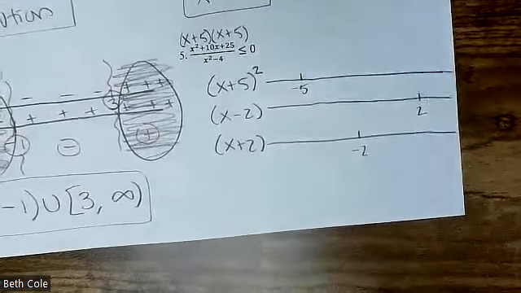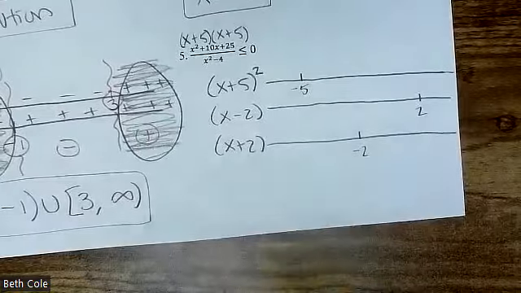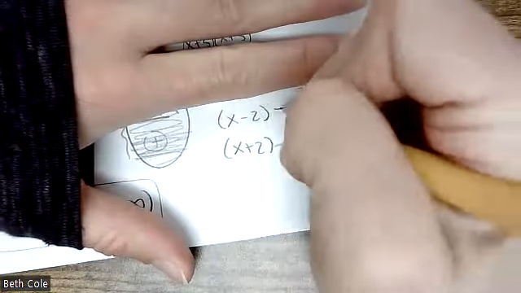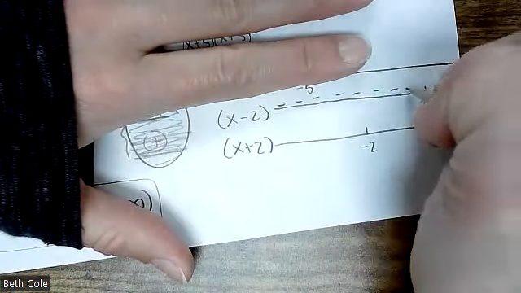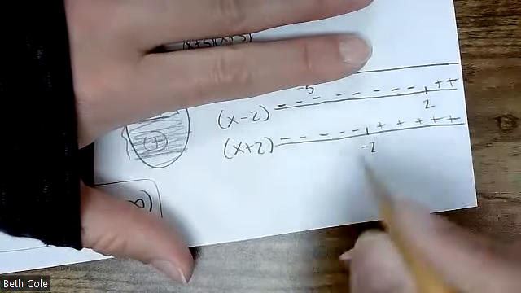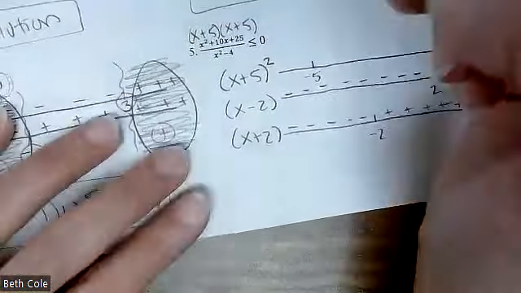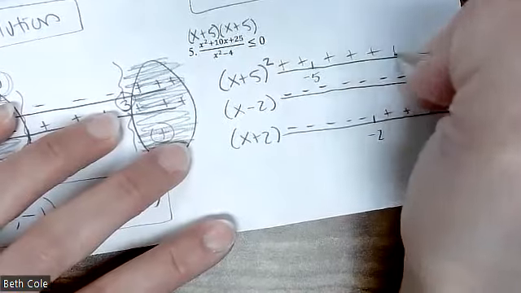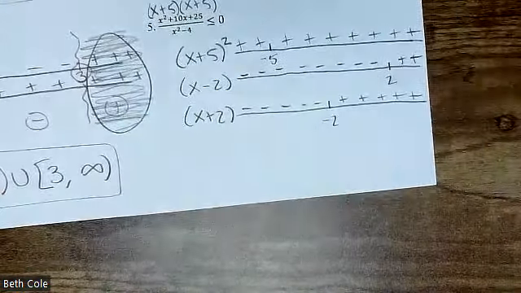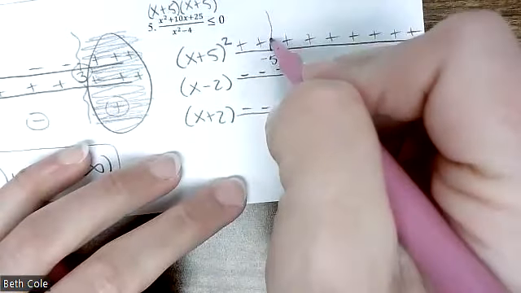If nothing weird happened, it's negative and turns positive. Those two were both negative and then turned positive. The first one is all positive because if you square something, it is positive all the time.